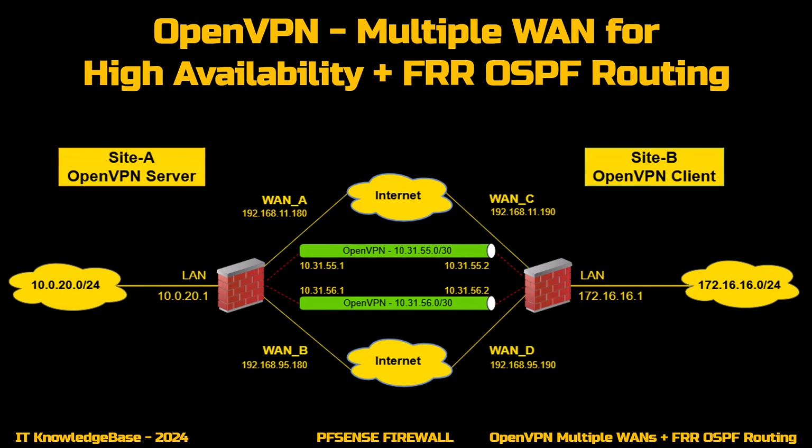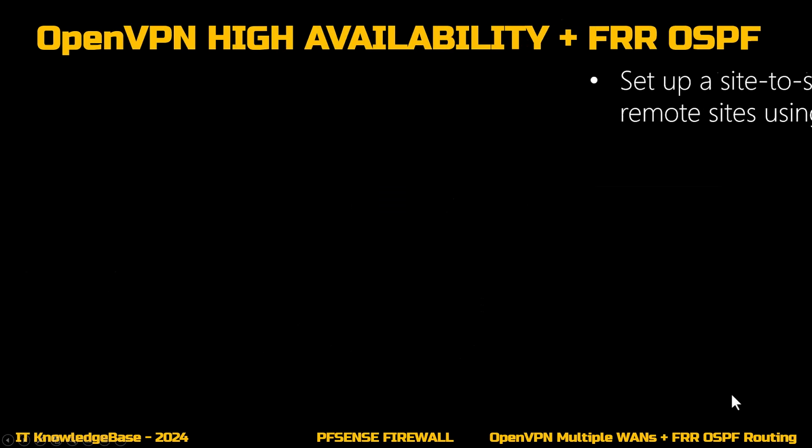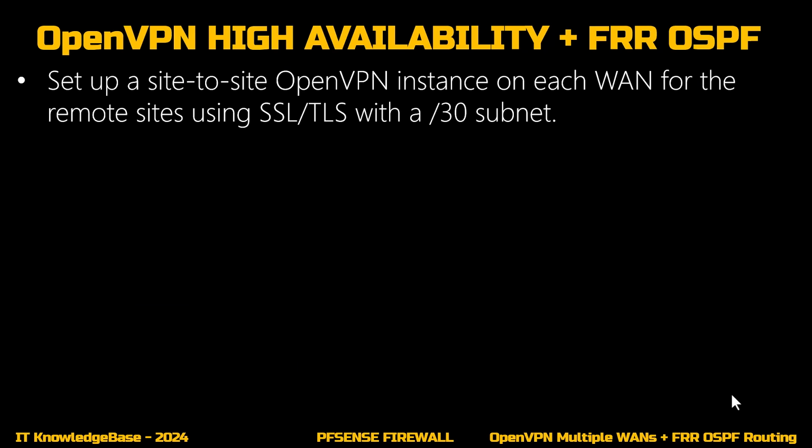This is my present setup, the lab environment that I am covering today. It is an OpenVPN setup with multiple WAN connections for high availability, configured with the OSPF routing protocol rather than using a regular OpenVPN routing approach. Set up site-to-site OpenVPN instances on each WAN for the remote site using SSL/TLS with a /30 subnet.